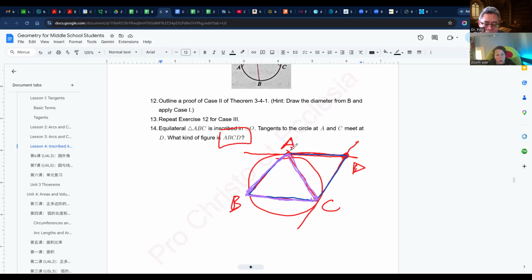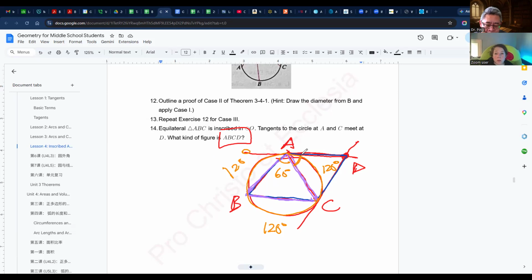Because this is an equilateral triangle, we know that this arc is the same as this arc and the same as this arc. So each one is 120 because this angle is 60. So this is 120 here, 120 here, and 120 here.